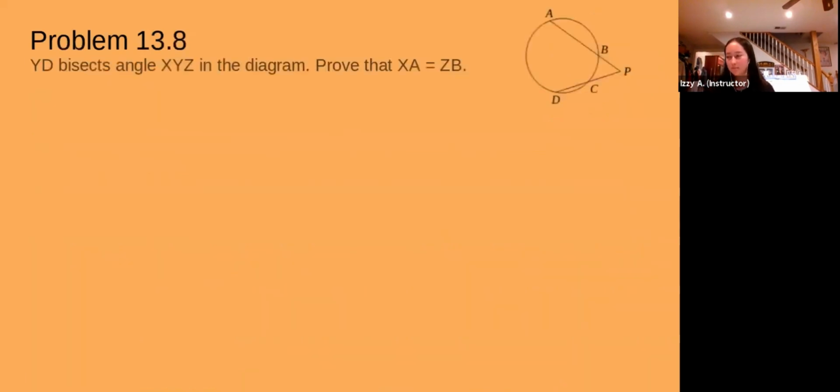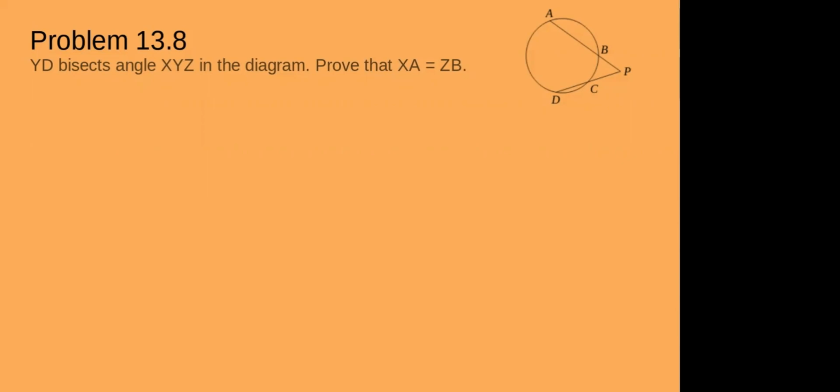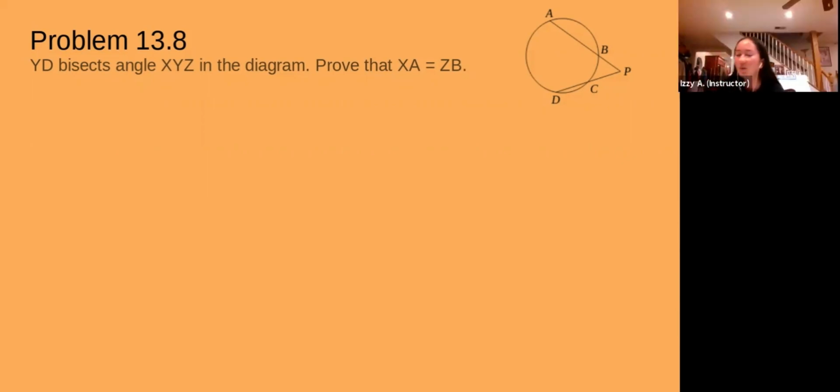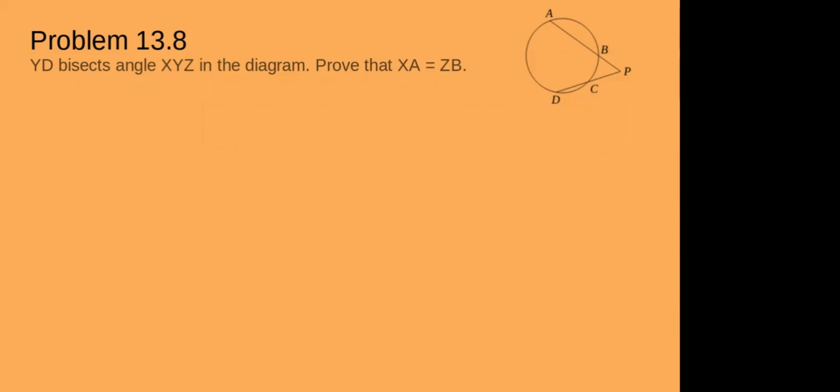Okay. So YD bisects angle XYZ in the diagram, and you want to prove that XA is equal to ZB. Oh, there's no Z. Where is Y and X? Hold on. I think I used the wrong image for problem 13.8.